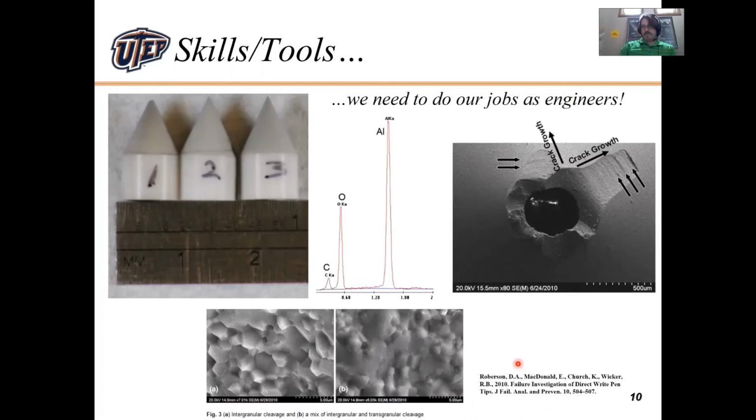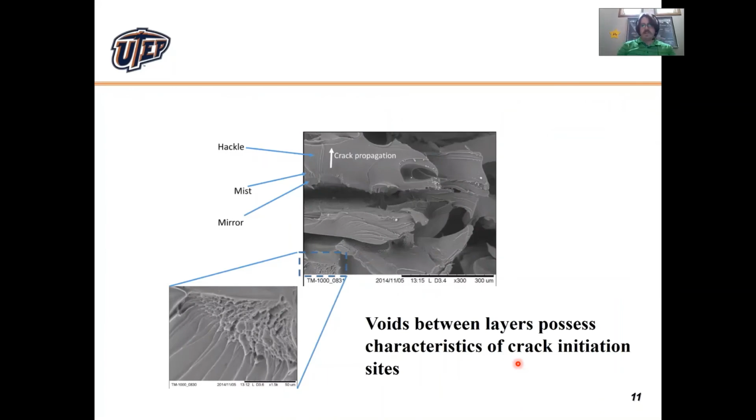Still kind of giving the overview of the class. This class is pretty much designed to give us the skills and tools that we need to do our jobs as engineers, particularly materials engineers. And here's another example. You guys probably see this a lot in failure analysis. This would be the failure analysis of a polymer, something very near and dear to my heart.